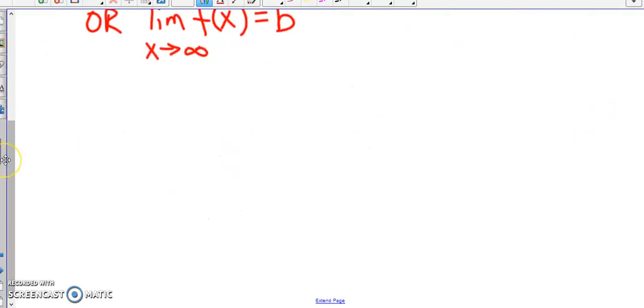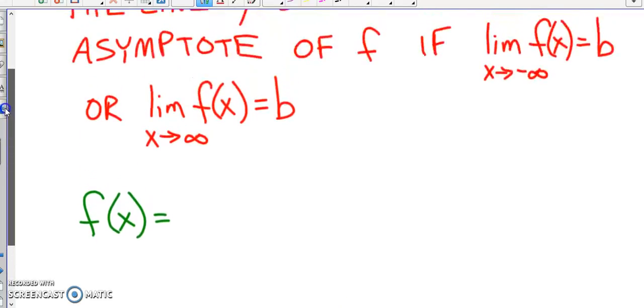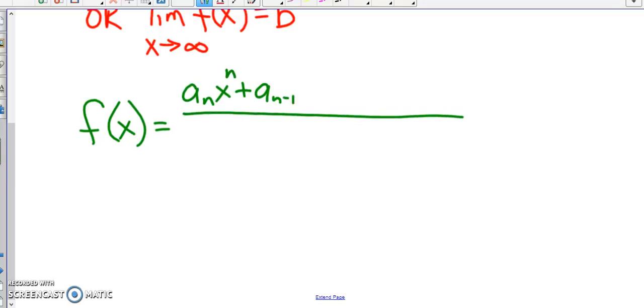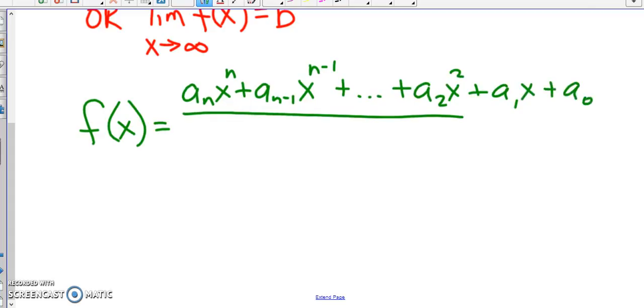So, for demonstration purposes, let's say that f of x is an x to the n plus an minus 1 x to the n minus 1 plus dot dot dot plus a2x squared plus a1x plus a naught.